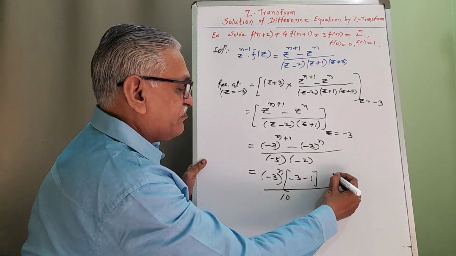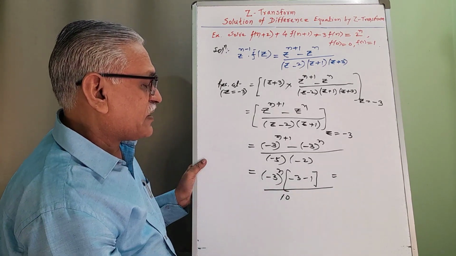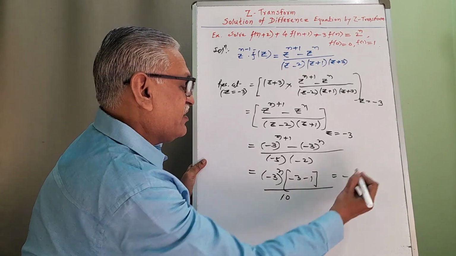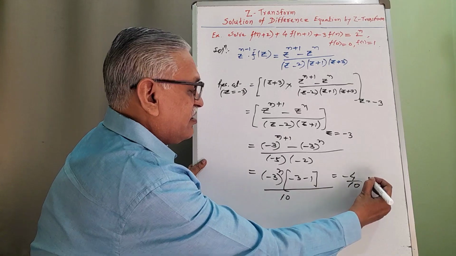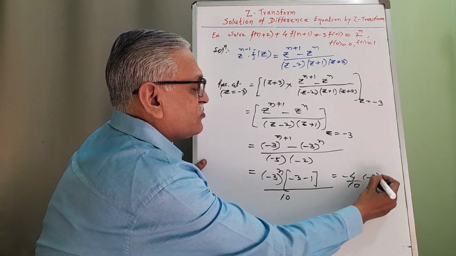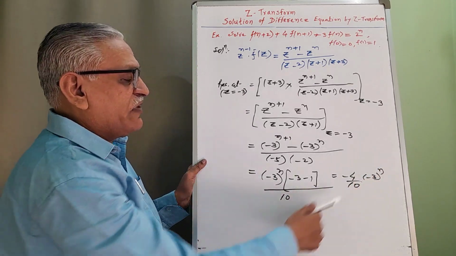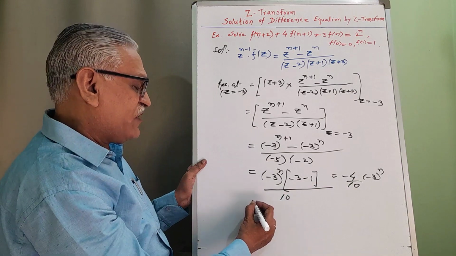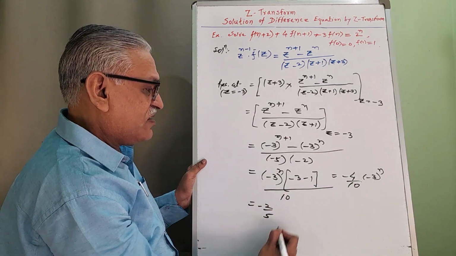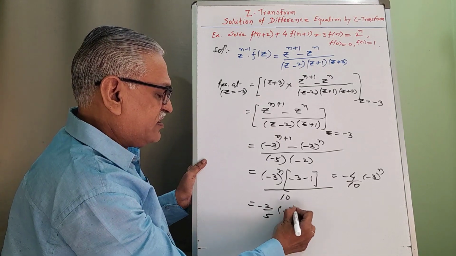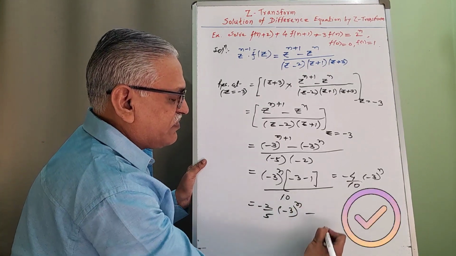This one is minus 4 by 10 into minus 3 raised to n. Dividing by 2, we get 2 by 5 into minus 3 raised to n, equation number 6.